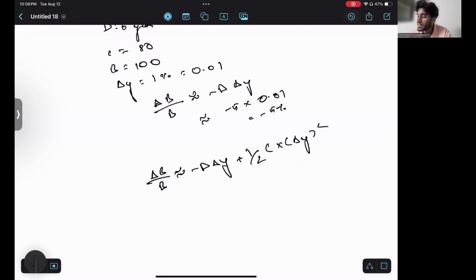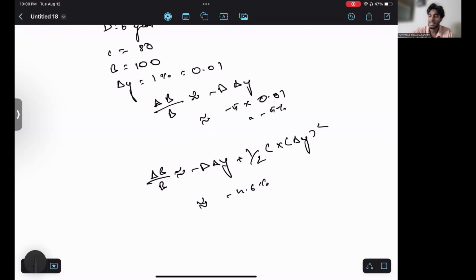So to calculate this, we get the approximate value of minus 4.6%. With convexity, the expected price drop is smaller, about 4.6%, reflecting the bond's price sensitivity more accurately. Similarly, if the yield decreases by 1%, the price change using duration only would be 5%, but with convexity, it would be 5.4%, or the price rises by 5.4%.